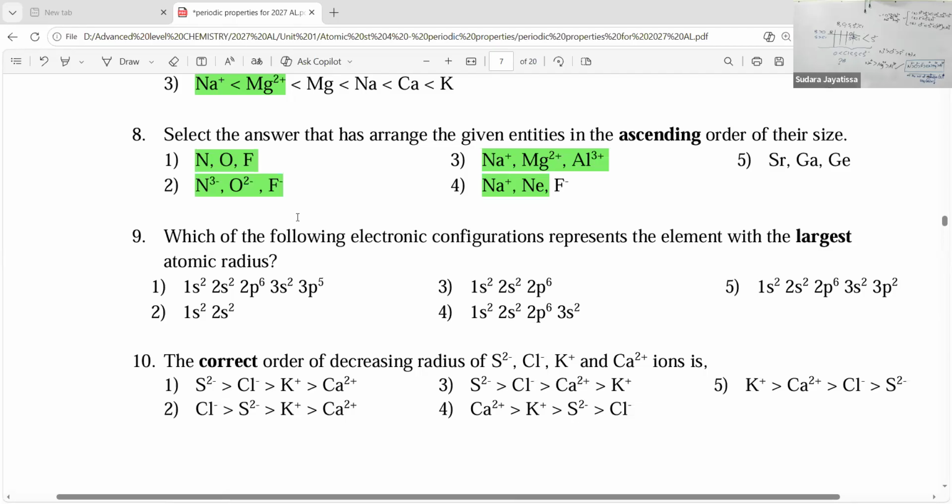If you selected answer 5, you can write: silicon has more nuclear charge than magnesium, therefore size is low. The answer is magnesium, answer 4.